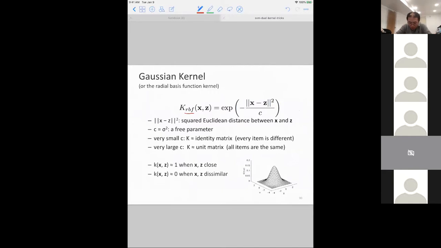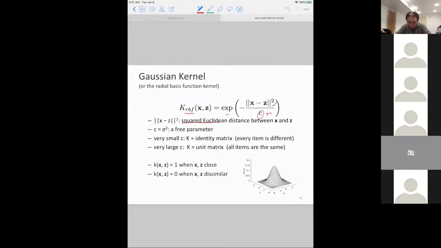To compute the Gaussian kernel, we first compute the squared distance between the two input vectors, so x minus z, and take the squared norm. This is the squared Euclidean distance. Then you divide this squared Euclidean distance by a free parameter c. c must be positive. Then you take the negative of this value, and then take the exponential. It will be the kernel function value.